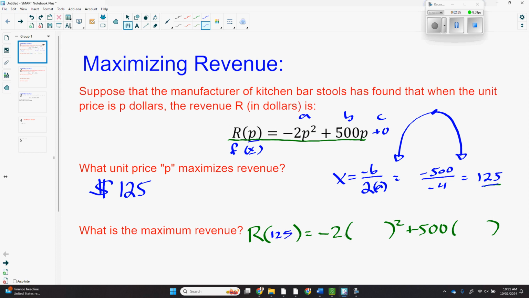So R of 125 is negative 2 times 125 squared plus 500 times 125, and this will probably be a relatively large number since this company wants to have quite big profits. So I'm going to throw this into my calculator.